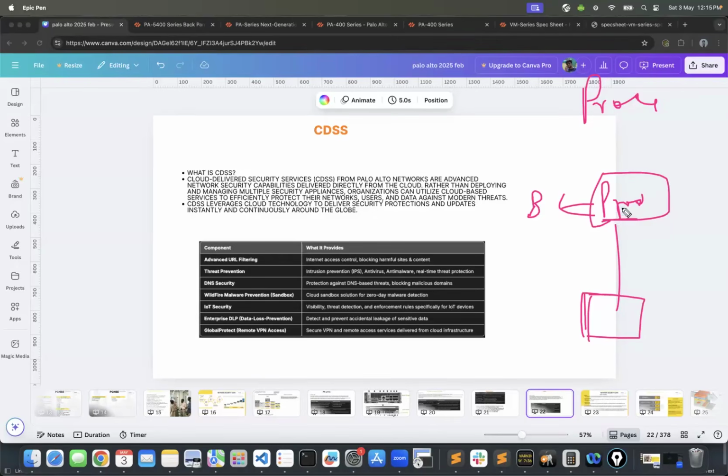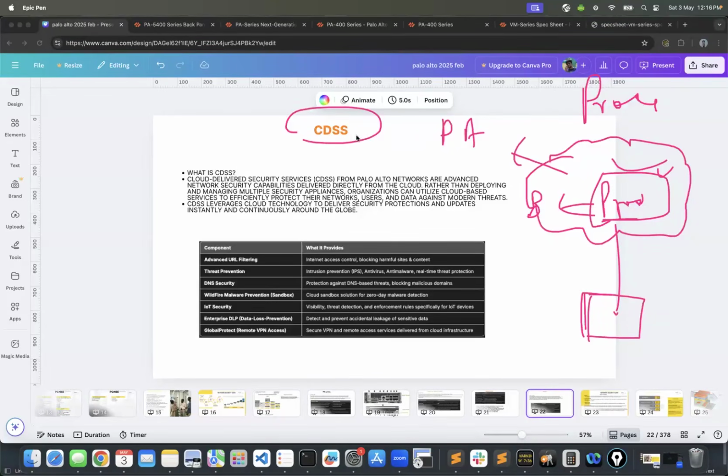What if this proxy itself is over a cloud, and whatever manual work you were doing in the proxy is being taken care of by the cloud vendor, here Palo Alto? You just need to send your traffic to the Palo Alto Cloud. This kind of service is called CDSS.